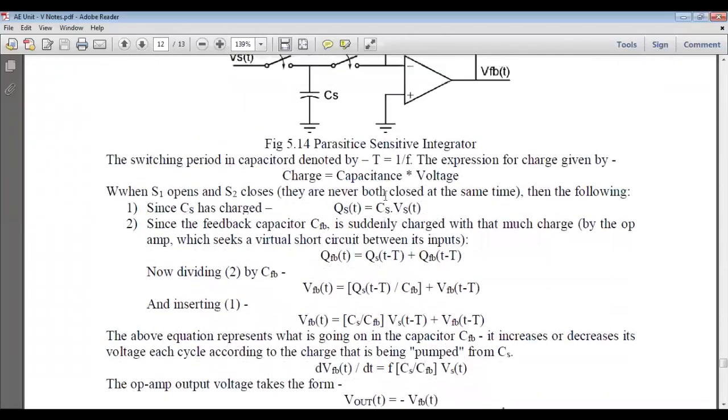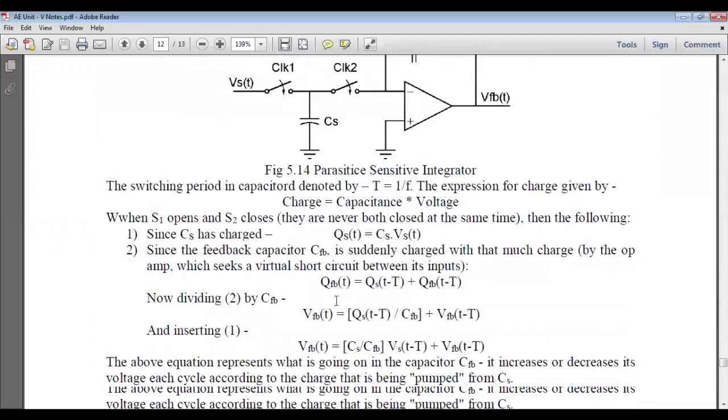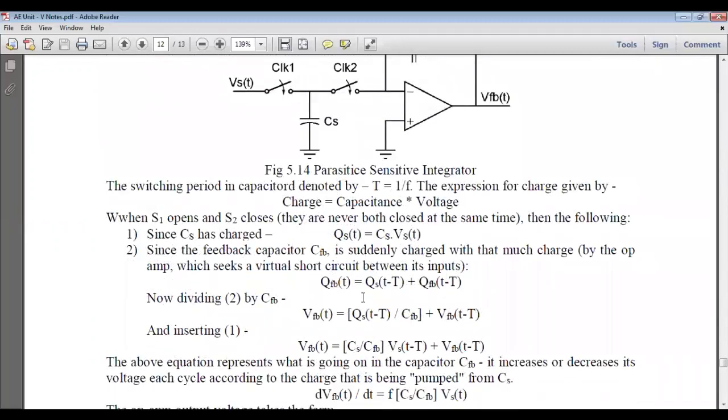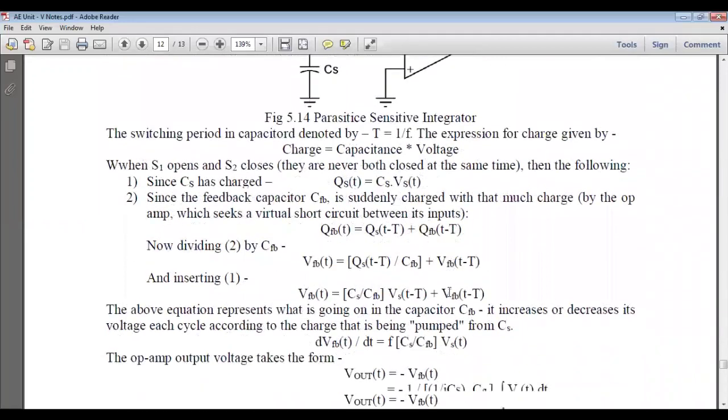So the capacitor charge across CFB is given by QFB of t equal to QS of t minus T plus QFB of t minus T. Now dividing this equation by capacitor CFB, we get VFB of t equal to QS of t minus T by CFB, and here it will become VFB of t minus T. There is a time interval.